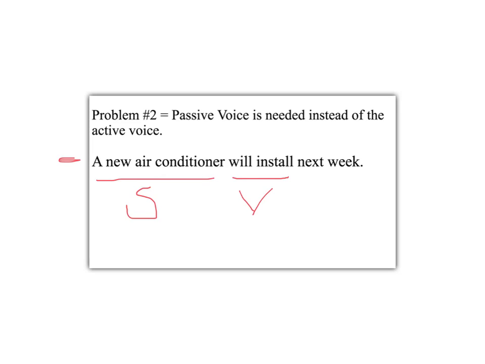Well, we don't know who is doing the installing, which means the subject is not doing the action, it is receiving the action, which means we need to make it a passive voice sentence. So this would have to be changed to a new air conditioner will be installed with an ed for the past participle next week.